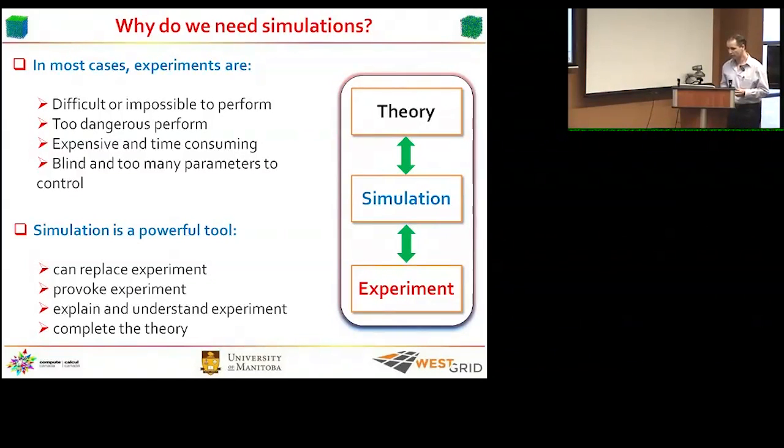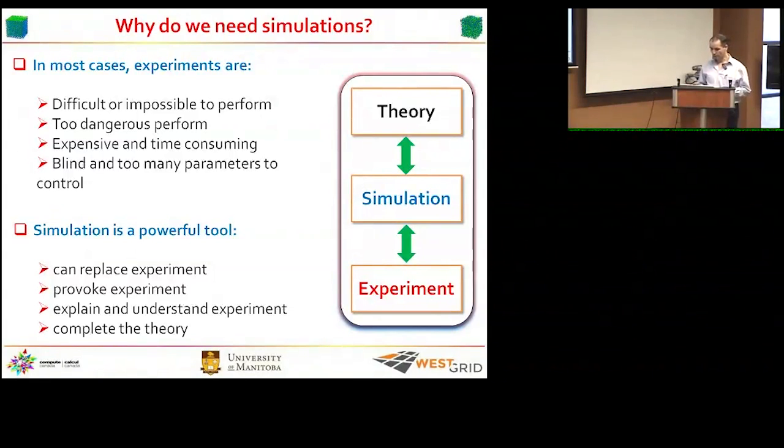So as an alternative for this, we introduce simulations. Simulation can be considered as a bridge between theory and experiment. When you develop a theory, at some point you end up with a differential equation, for example. So you cannot solve this equation analytically, so you have to introduce numerical integration using simulations.